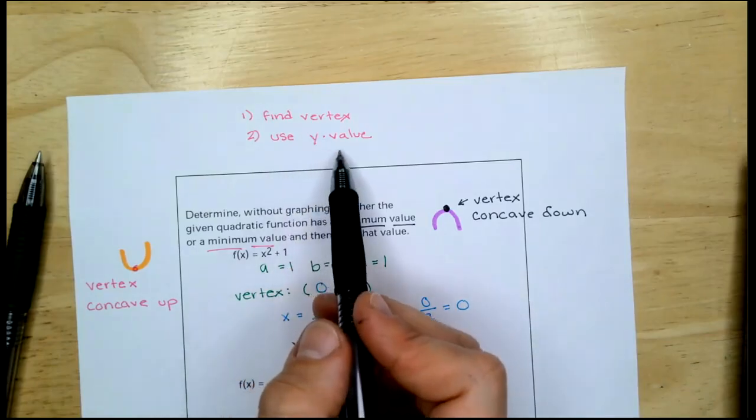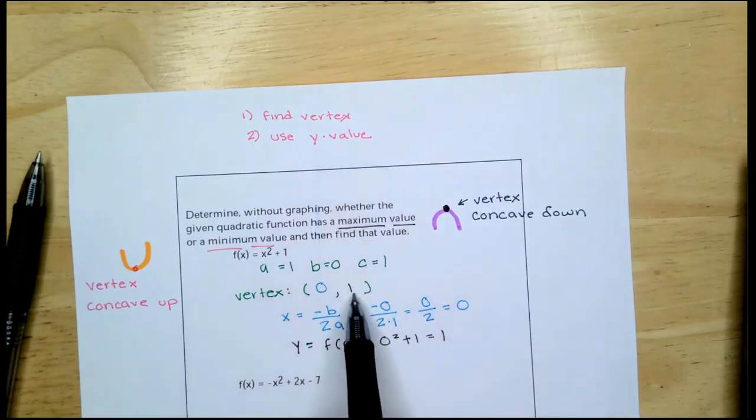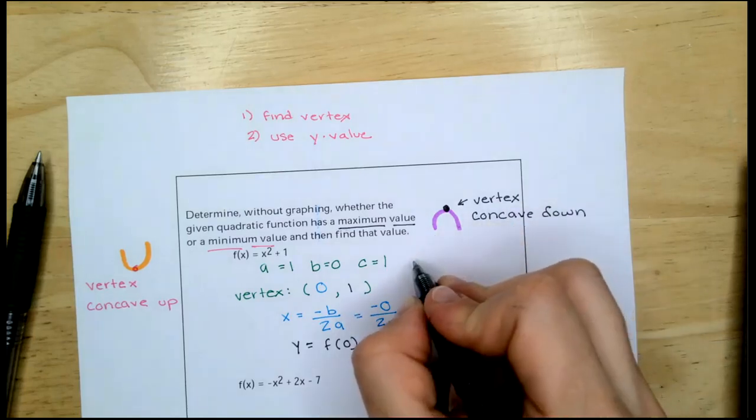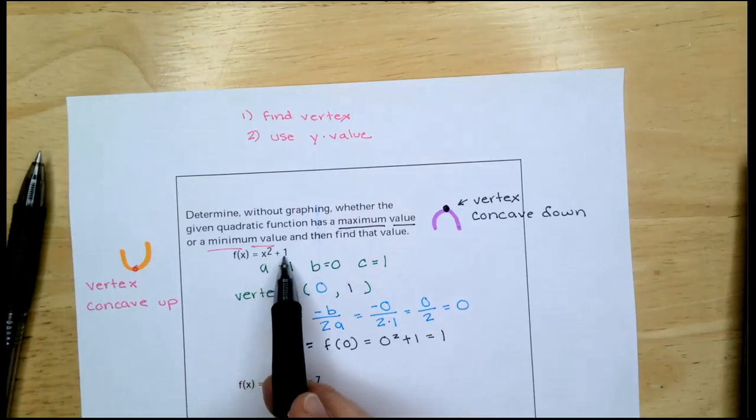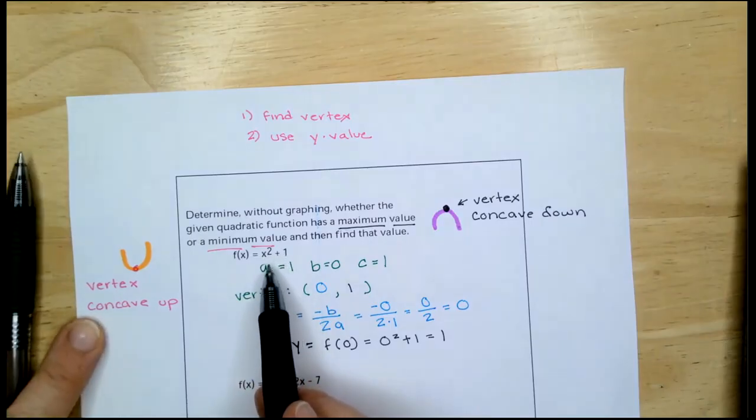We found the vertex, use the y value. The y value is this number, so it's a 1. And we need to decide if that 1 is a minimum value or a maximum value. X squared plus 1 is concave up, right?